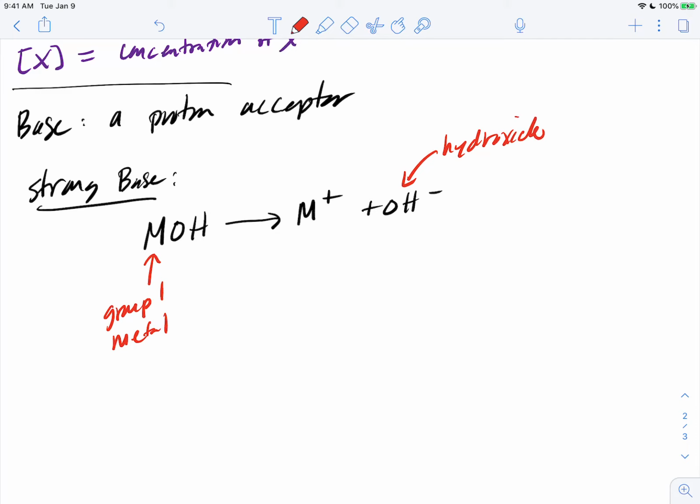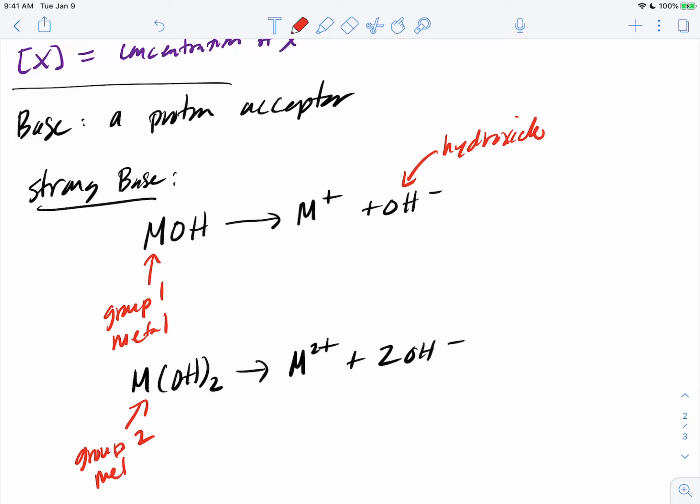We can also have, just to show you, it's also possible to have, for example, M(OH)2 goes to form M2 plus and 2 OH minus, and this would be a group 2 metal because it has a 2 plus charge. And these are both strong bases.